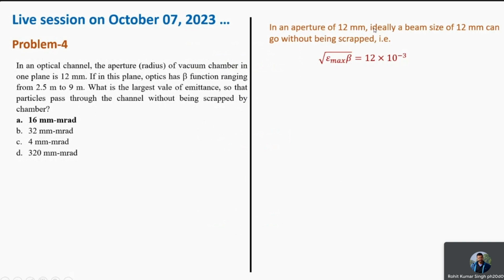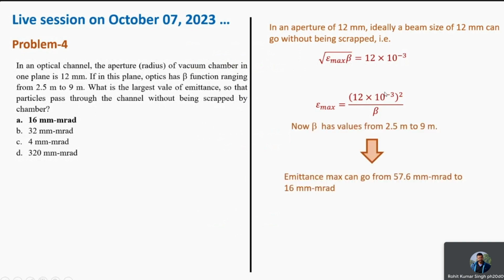So emittance max will be 12 by beta, and now beta is varying from 2.5 meter to 9 meter, meaning this value of emittance will vary from 57.6 millimeter milliradian to 16 millimeter milliradian.